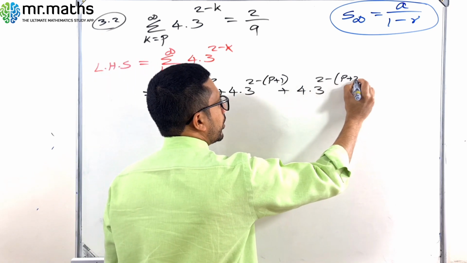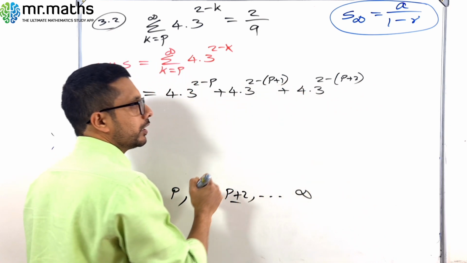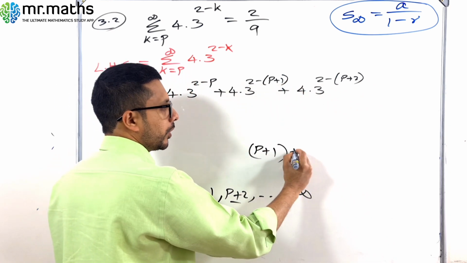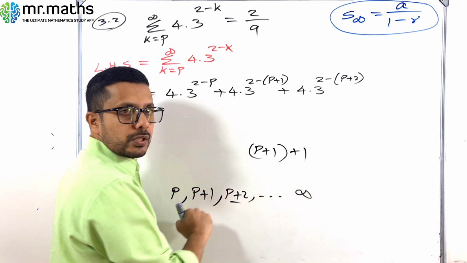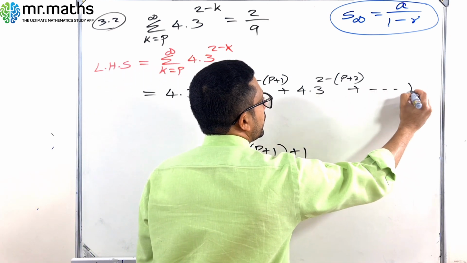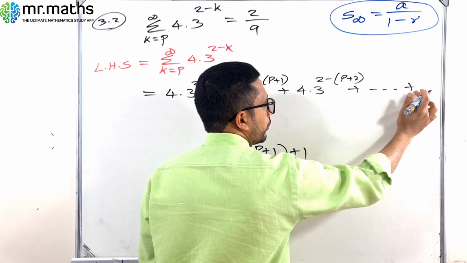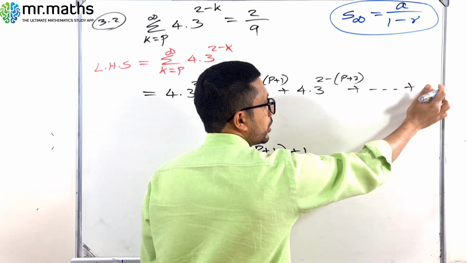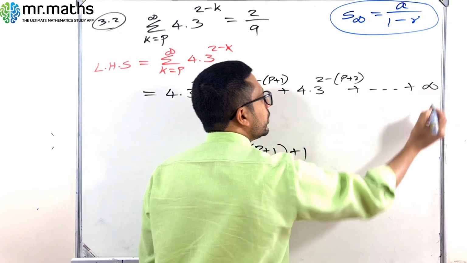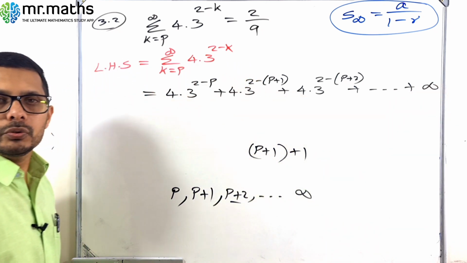One more than p plus 1 is p plus 2. Plus etc. up to infinity, because there is no need to write 4 into 3 raised to infinity. 3 raised to infinity is infinity, so 4 into infinity is infinity. So it is enough to write a plus up to infinity.